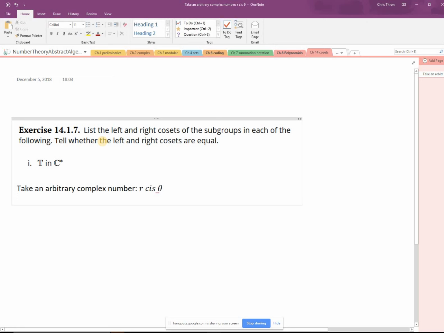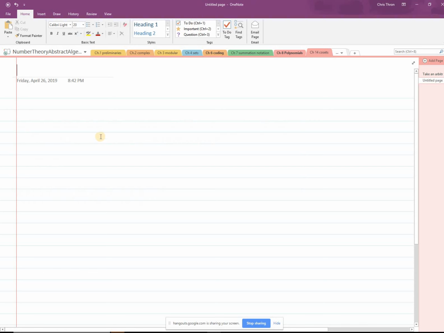Okay, and then we'll multiply that by an arbitrary element of T. It just lost everything.